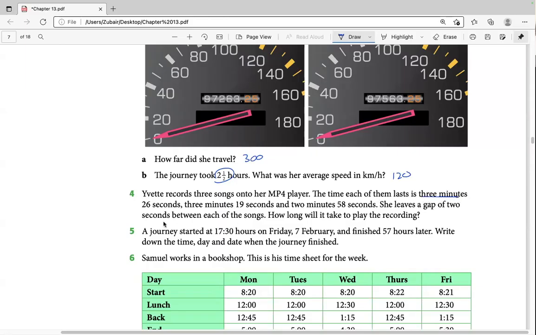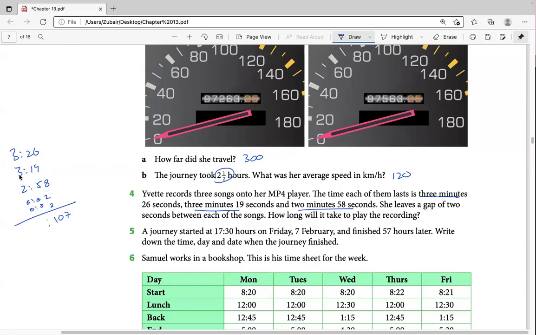So this is 3 minutes and 26, and then 3:19, and then 2:58, and she leaves a gap of 2 seconds. So there are two gaps. So 2 and 2. So we are adding these. 26 plus 19 plus 58 plus 2 plus 2 is 107.